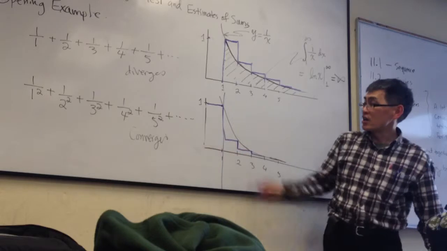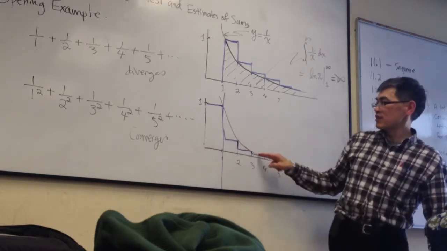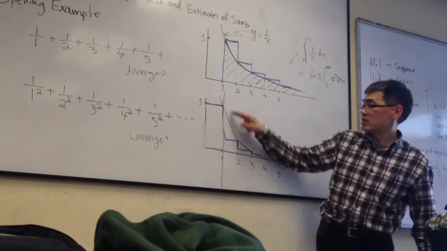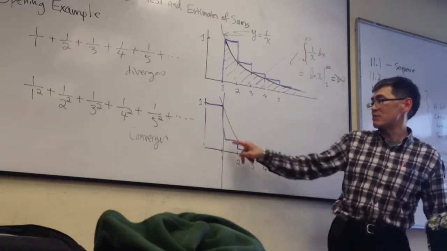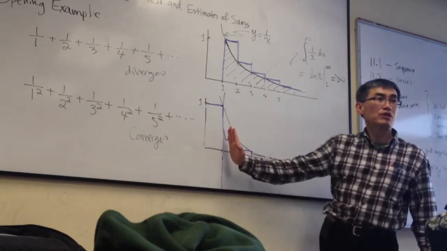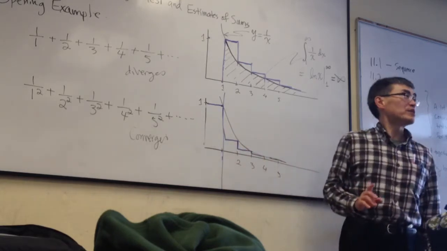Is that right? If this is infinite, then the whole thing will be infinite as well. So asking whether this thing is infinite is the same as asking whether just this piece, starting at 1 as opposed to 0, is infinite. Are you with me?